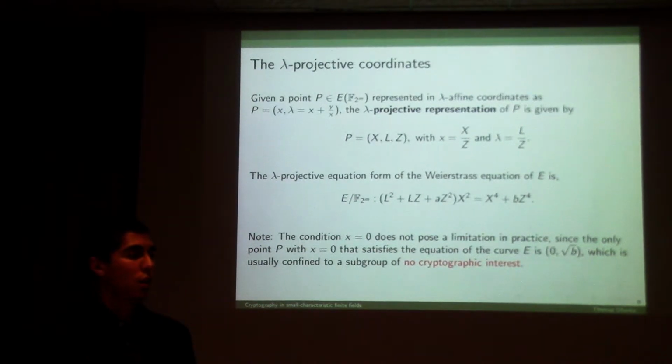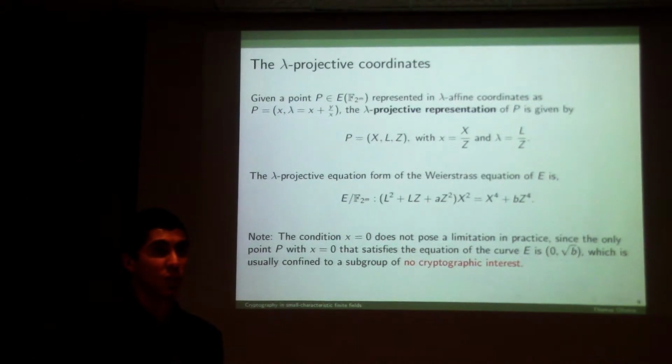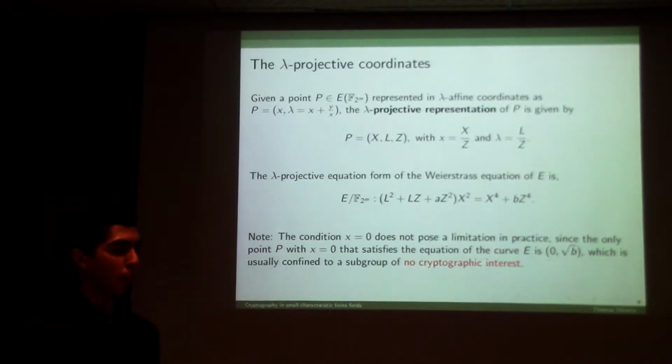Okay, but the lambda coordinates do not require half trace. In ternary fields we cannot do half trace, we cannot do point halving, if the point arithmetic there is similar to the binary fields, which I don't know. I don't know how the point addition and point doubling in affine coordinates are in ternary fields. I have to check that to see if we can do it.